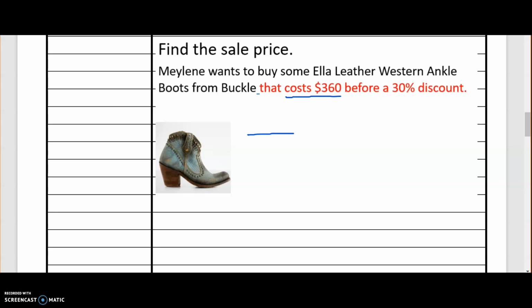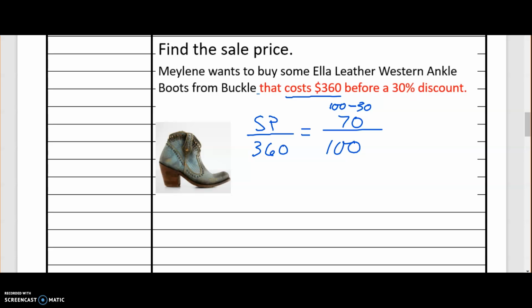So we still use the same proportion. So we take the 100 minus the 30%. So they're going to pay 70% of the price. Now this time the 360, that's the original cost. So that actually goes on the bottom. And we're going to look for the sale price.